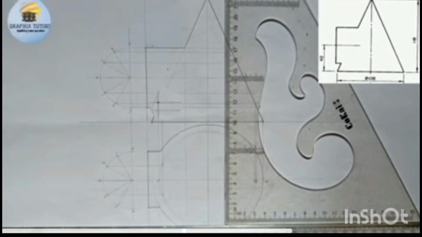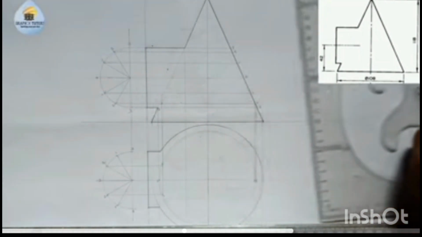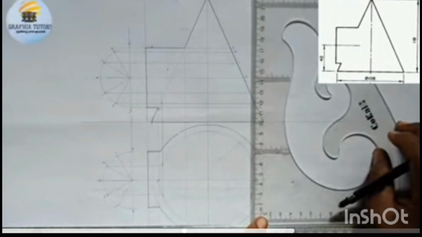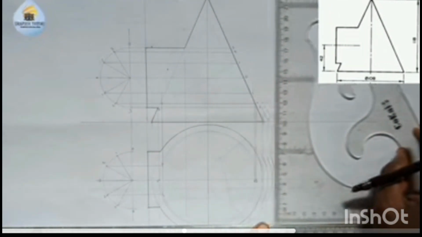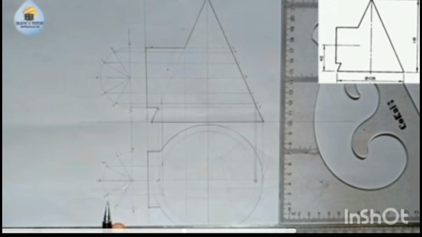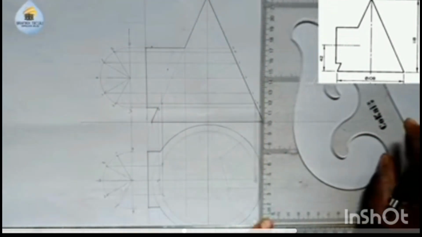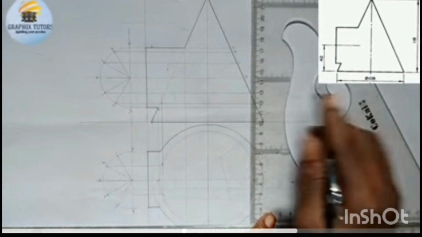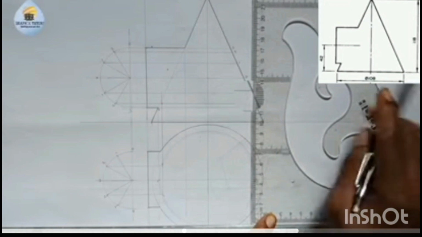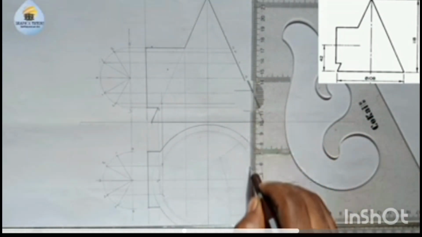Now we're still moving. I'll come again. I'll project the 1 down. Why I'm using this 2 here, because this 2 is for the base here, and also this 2 is for the base here. So I'll come here, I'll project 1 down to touch here.